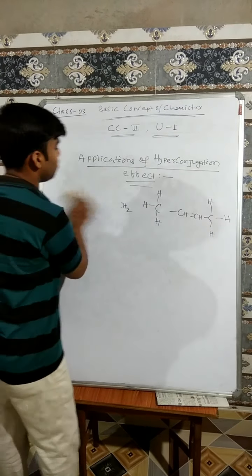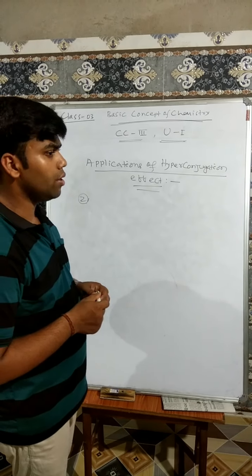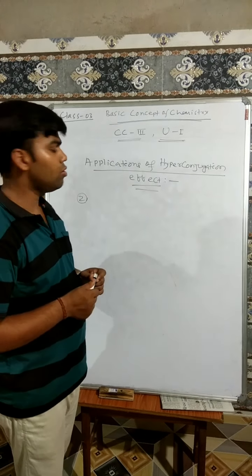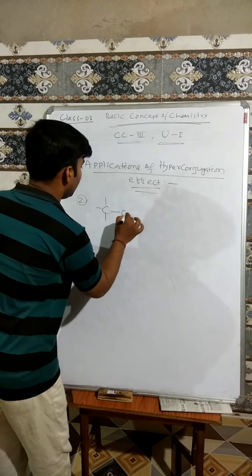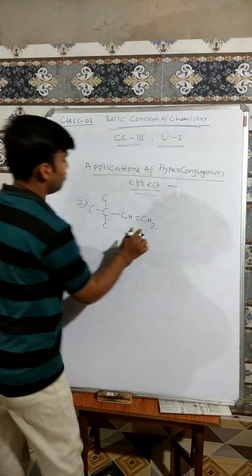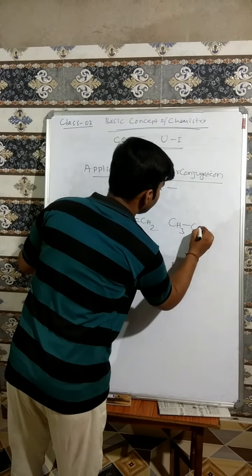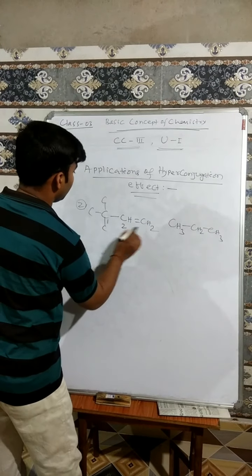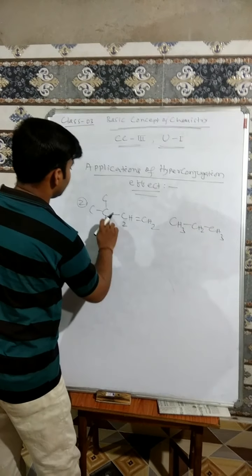The second application of the hyperconjugation effect is that it can explain the shortening of the C single bond C adjacent to a multiple bond or double bond. Suppose you see here the propene molecule and the propane molecule.